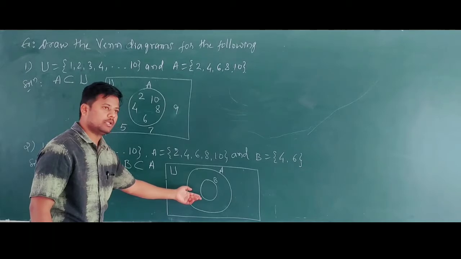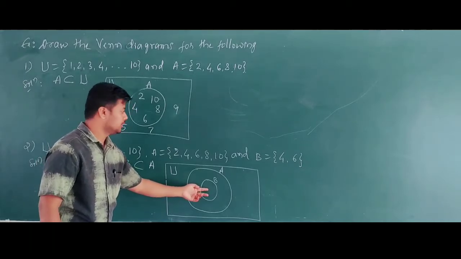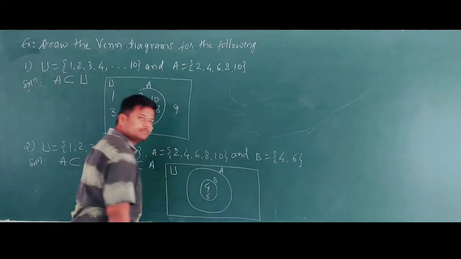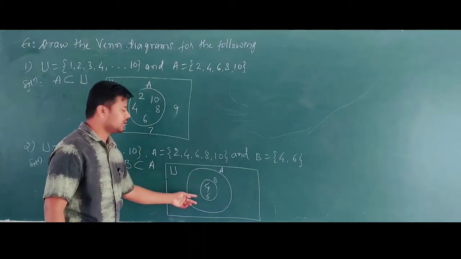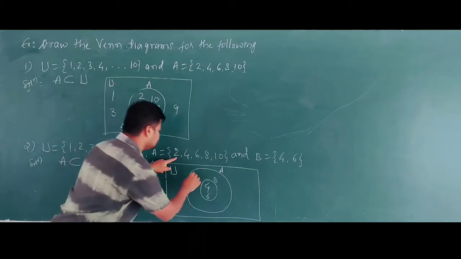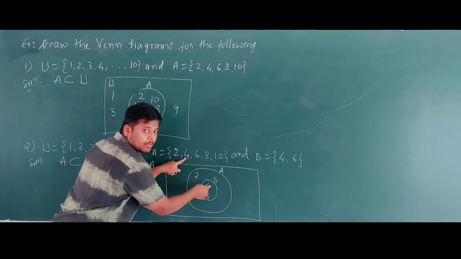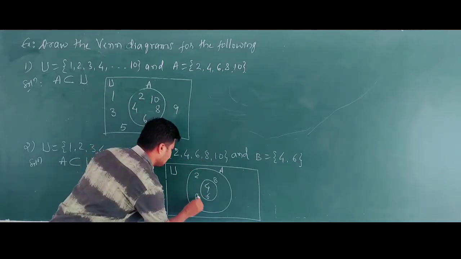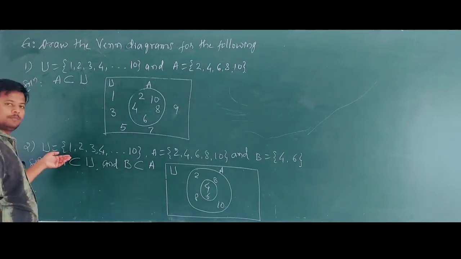First, write down the elements of B. The elements of set B are 4 and 6. Next, A is bigger than B. Look at the elements of A: 2, 4 already, 6 already, 8, then 10. Then what are the remaining elements in U?